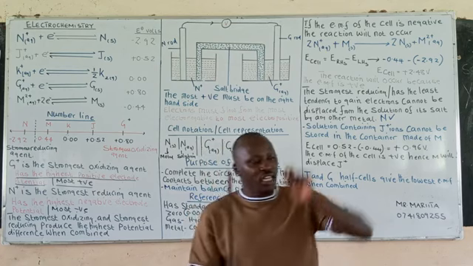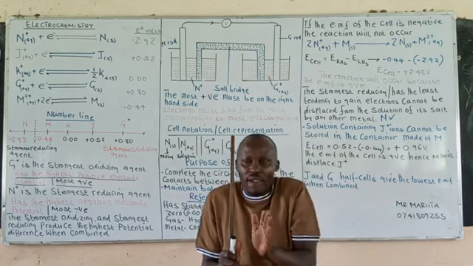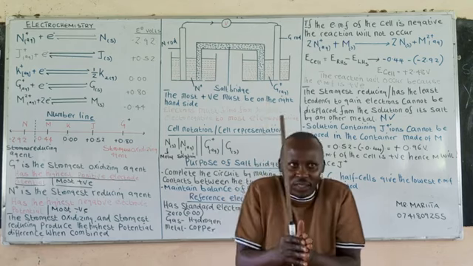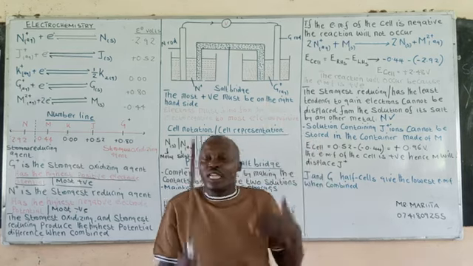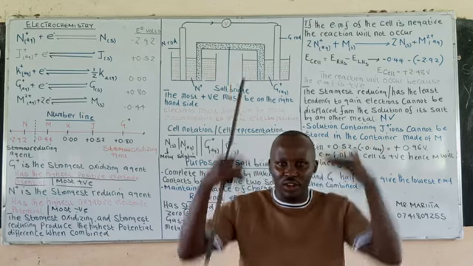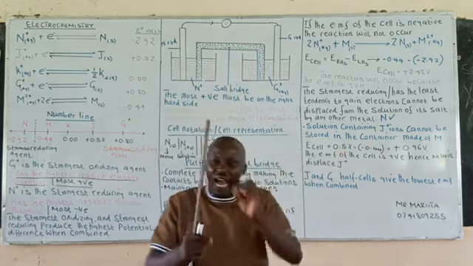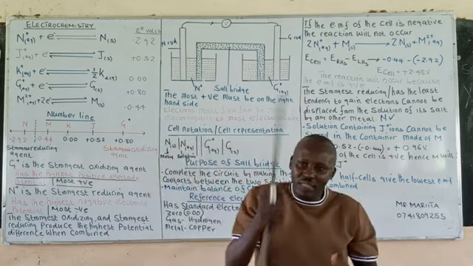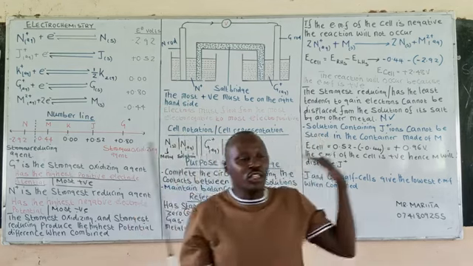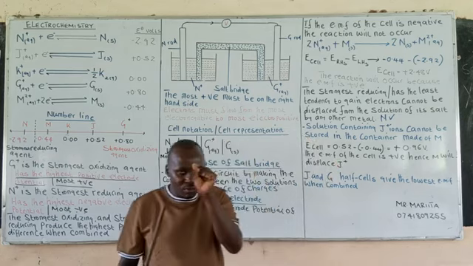If you get the EMF of the cell is positive, it means the reaction will take place. That means the solution of J ions cannot be stored in a container made of M. But if you calculate and you get the EMF of the cell is negative, it means that the reaction will not take place. Then the solution of J can be stored in a container made up of M.